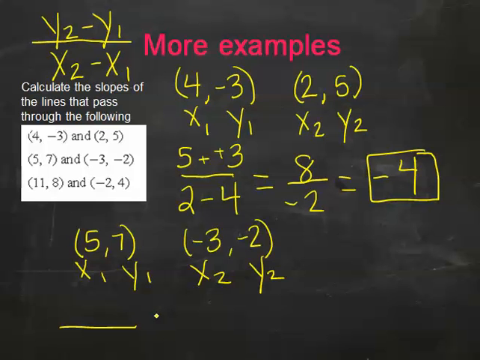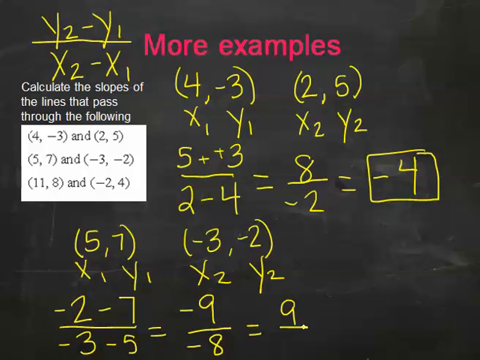Plugging straight into the formula, I have y2, which is a -2, minus my y1, which is a 7, my x2, which is a -3, and my x1, which is a 5. So I have -2 minus 7, which is going to give me a -9, and a -3 minus 5, which gives me a -8. Those two negatives become a positive, leaving me with 9/8.